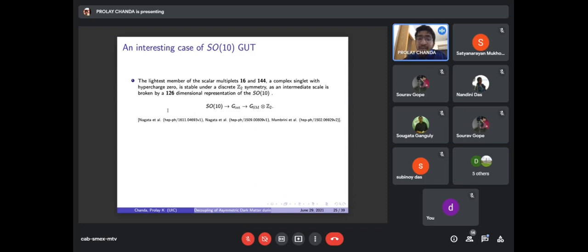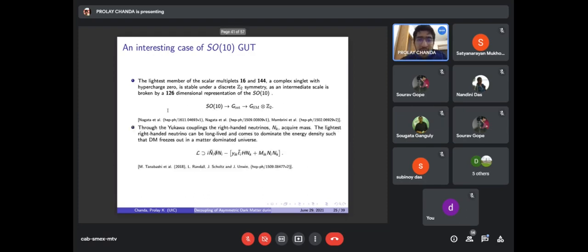Our dark matter candidates here are the lightest particle of the 16 and 144 representation or a scalar multiplet, and because they are lightest, they will be stable under the Z2 symmetry. So that is the model we consider here.